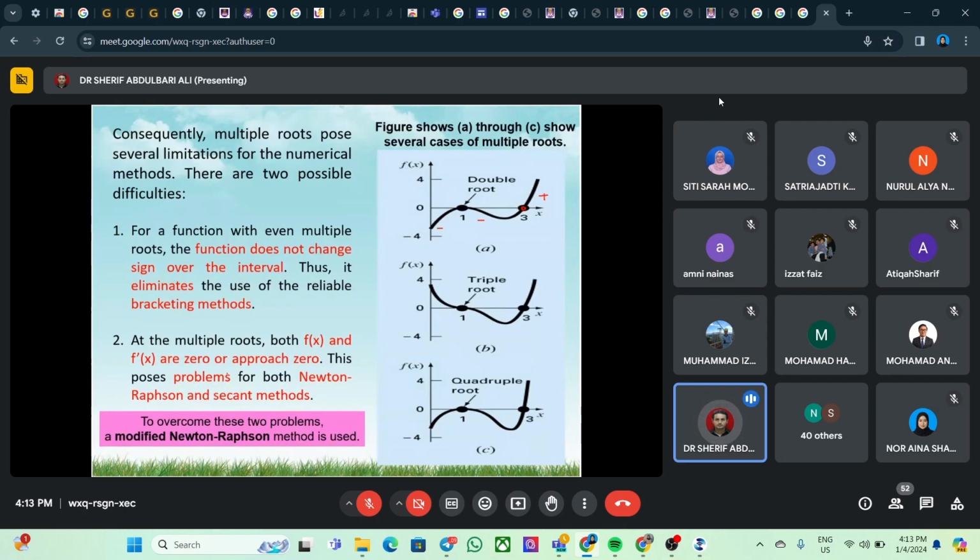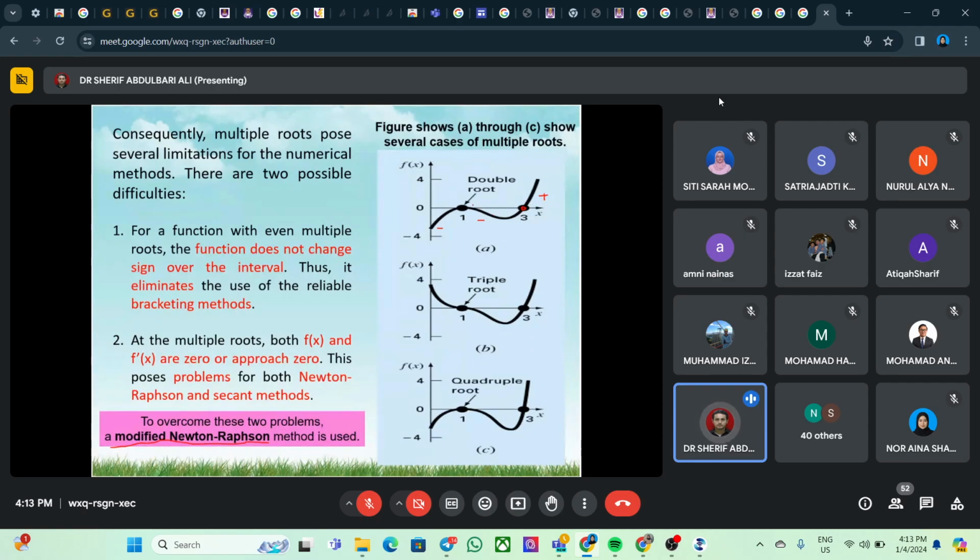So how can we overcome these two problems when we have multiple roots? We can use what we call the modified Newton-Raphson method. We are going to modify the Newton-Raphson method that we learned last week and use it to find the multiple roots.